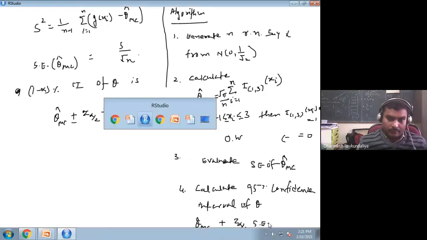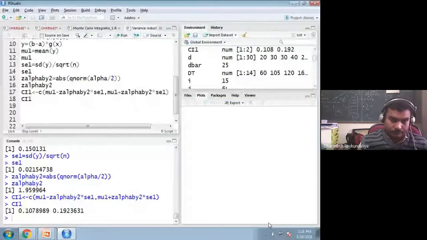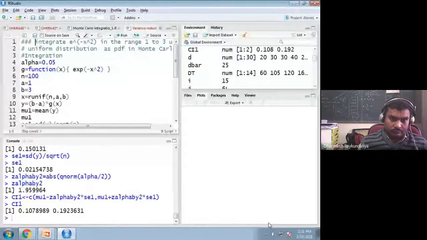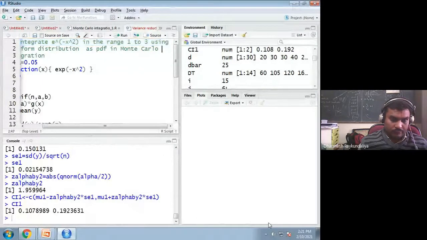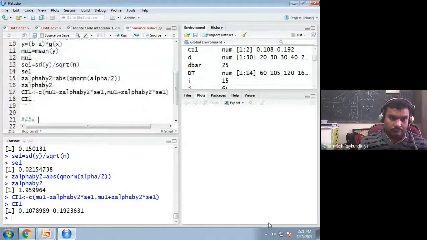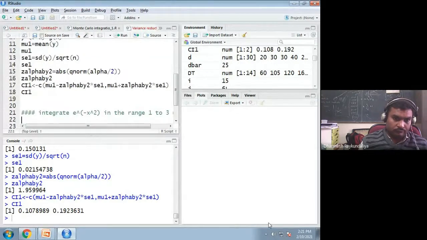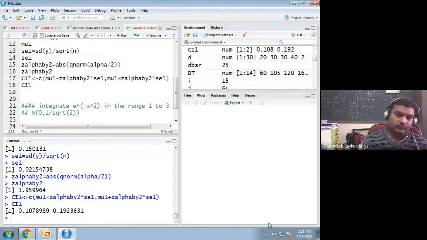So how do we write the program? We wish to integrate this using normal with mean 0 and variance 1 upon square root of 2, in Monte Carlo.